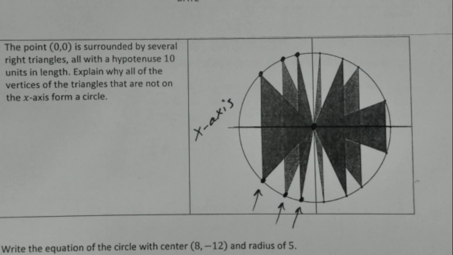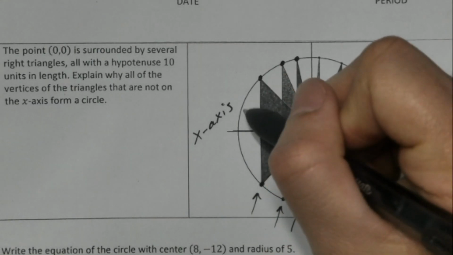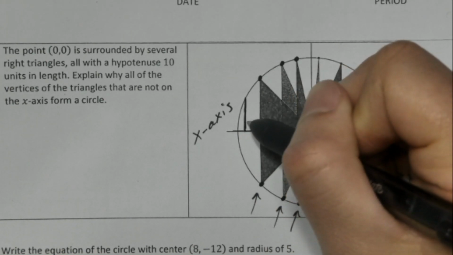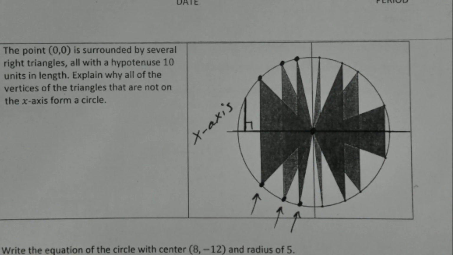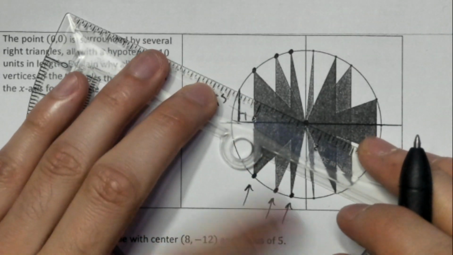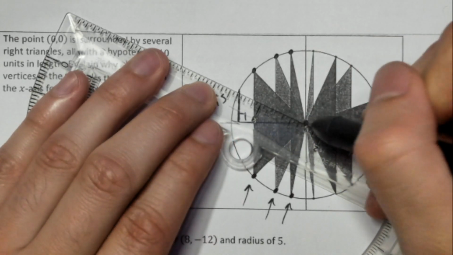Well, the thing is, if I were to draw an infinite number of right triangles with the same hypotenuse, I will actually create a circle. Okay, because let's say I create a right triangle right here. There's my right angle, of course, and then of course I will connect that vertex not on the x-axis with the center.